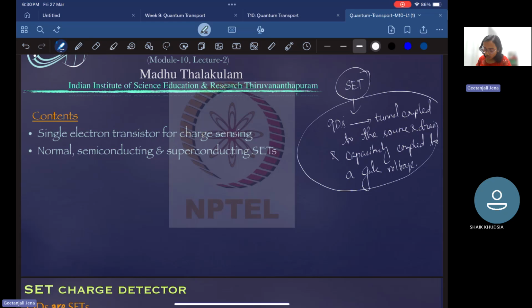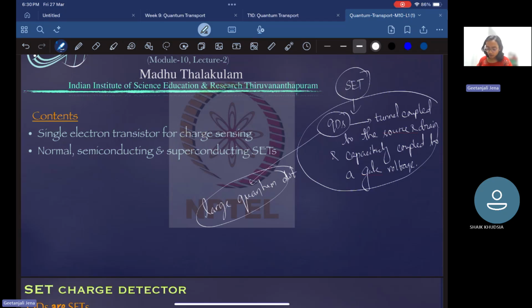The quantum dots that we use for the sensing are typically large quantum dots, and this large quantum dot can show the Coulomb blockade oscillation.